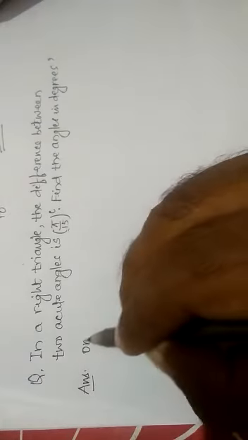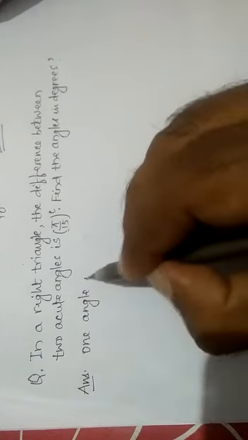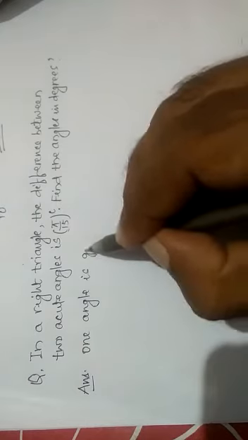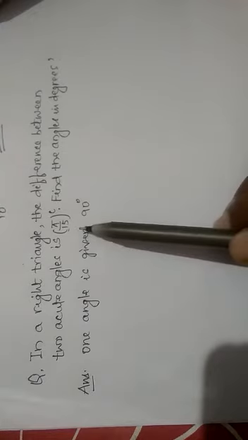So one angle is given 90 degree because the triangle is right angled. So the sum of the other two angles is also 90 degree. But it is given that their difference is pi by 15 radian.